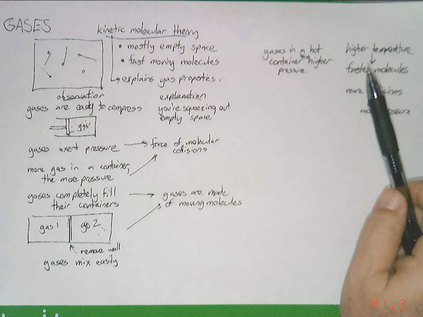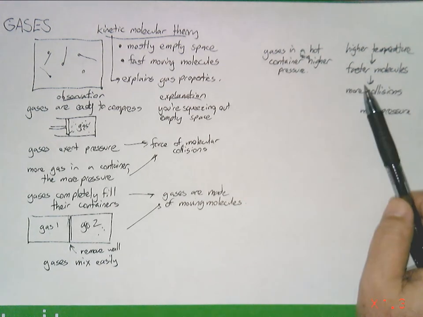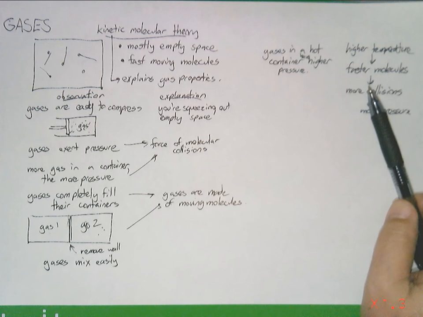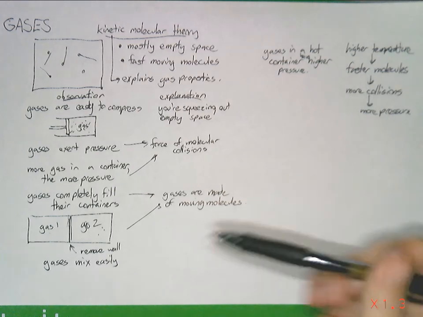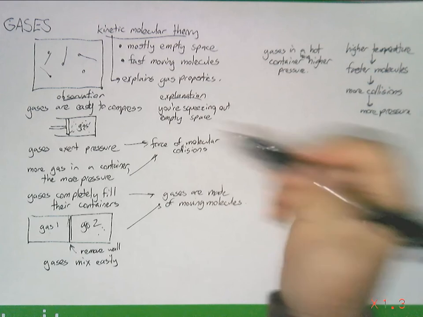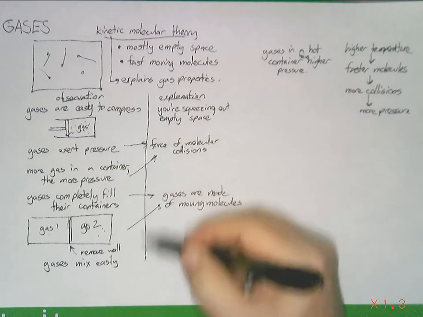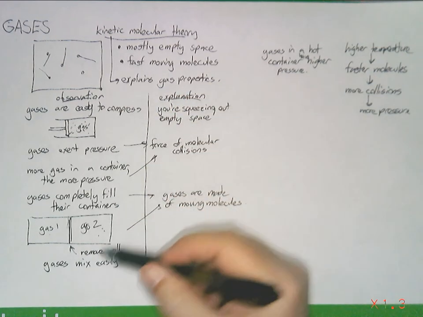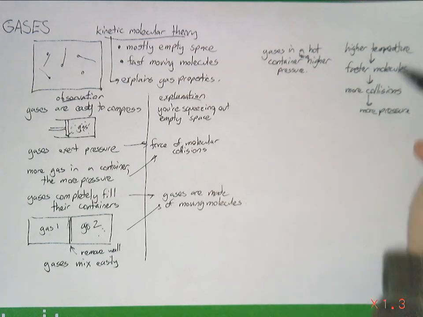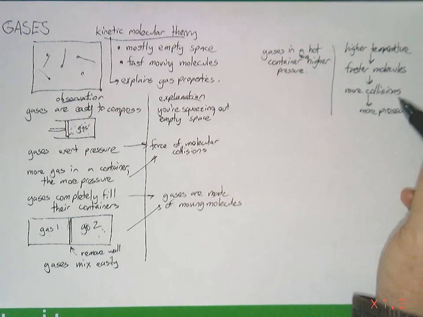We're going to come back to this later on in the next worksheet and talk about some of the predictions that the kinetic molecular theory is going to make. What do you get out of this? I would like you to be able to take observations like this and explain them with the kinetic molecular theory. And this is going to form the basis for many of the calculations that we're going to do in the rest of the worksheet.